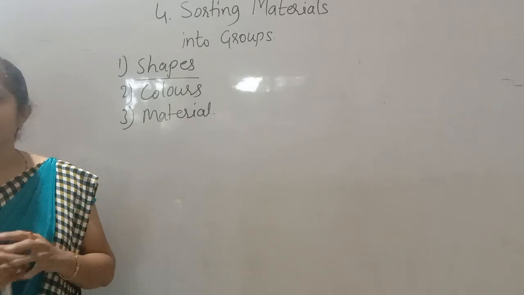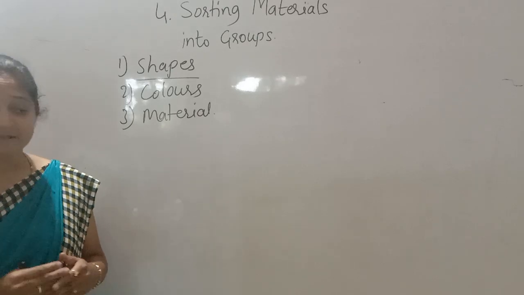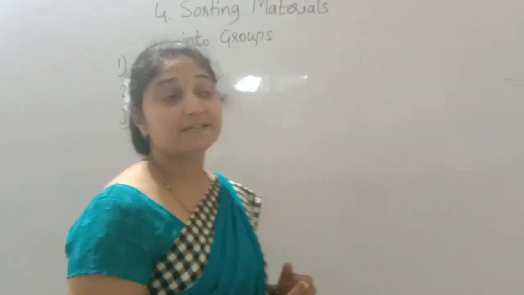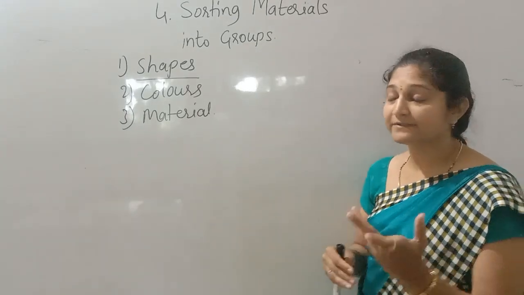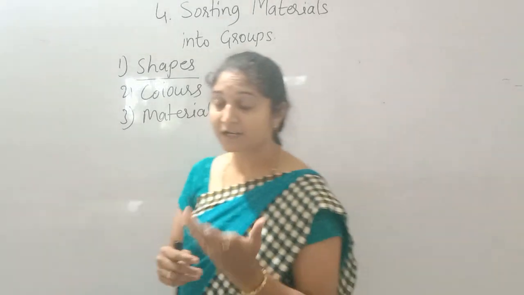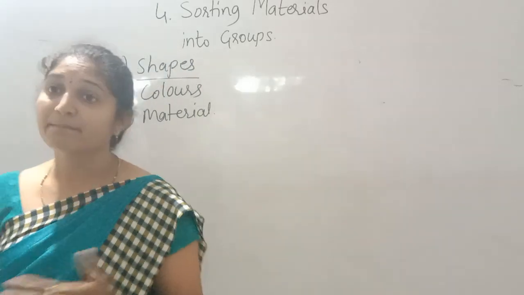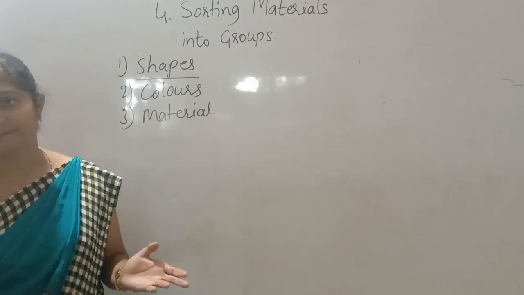Those are made up of metal. And make a list of objects which are made up of cotton. Already we studied fibers: cotton clothes, mattresses, pillows.